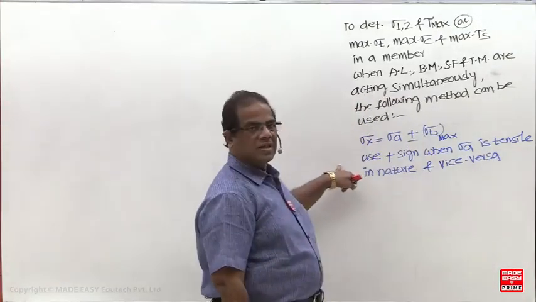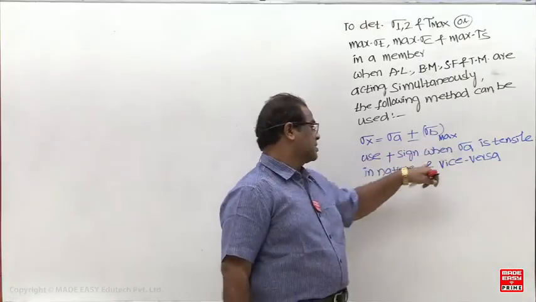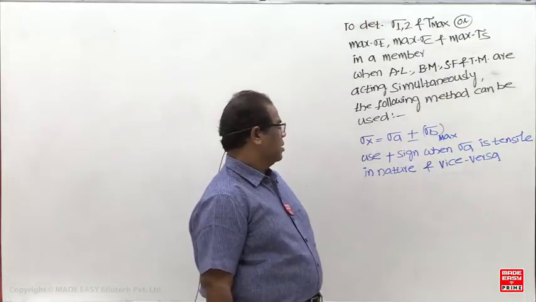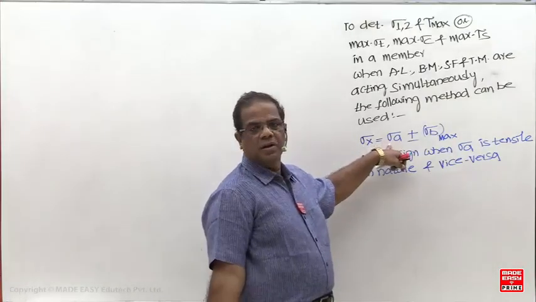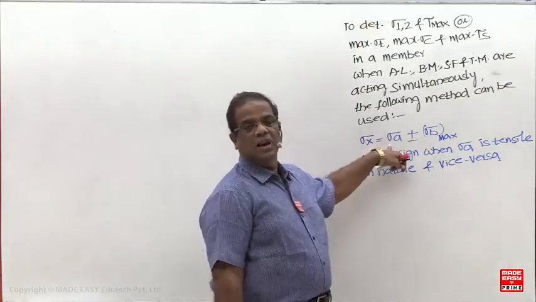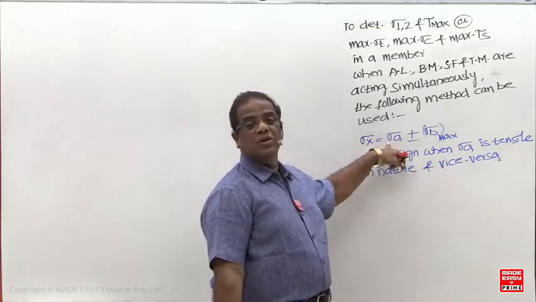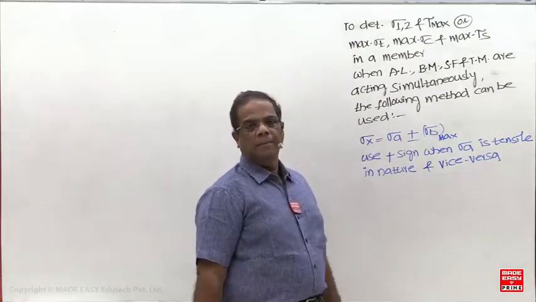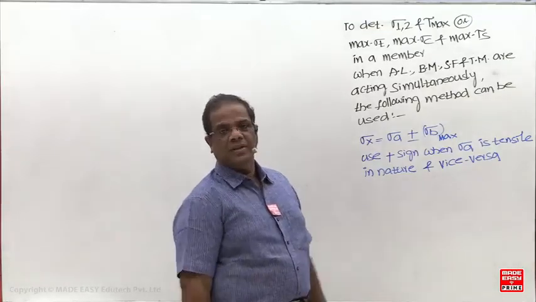What is the meaning of vice versa? Use the negative sign when the axial stress is compressive in nature. How do you know whether the axial stress is tensile or compressive? An eccentric axial tensile load is a tensile load; an eccentric axial tensile load equals one axial tensile load. An eccentric axial compressive load equals one axial compressive load.